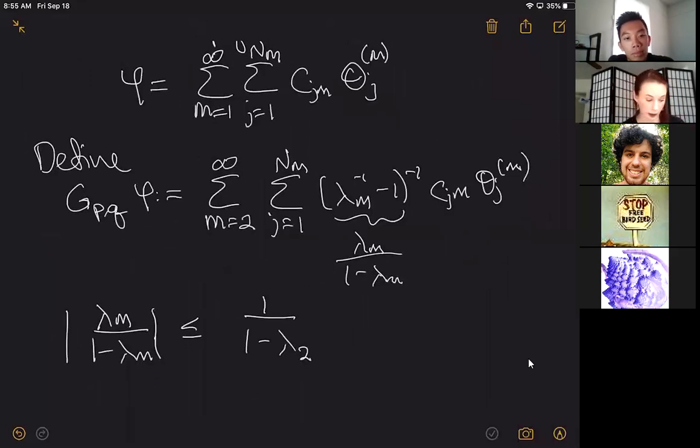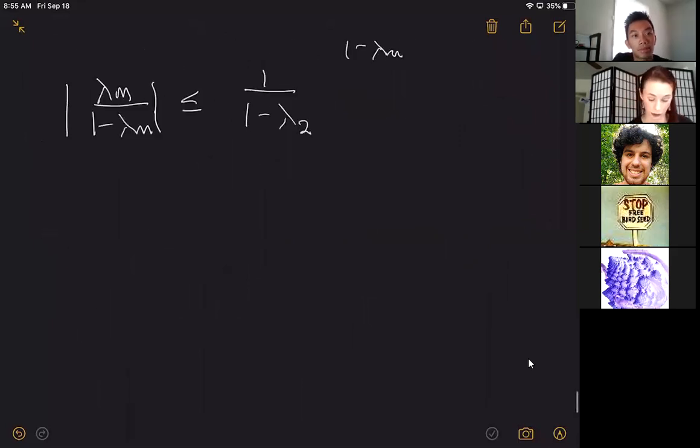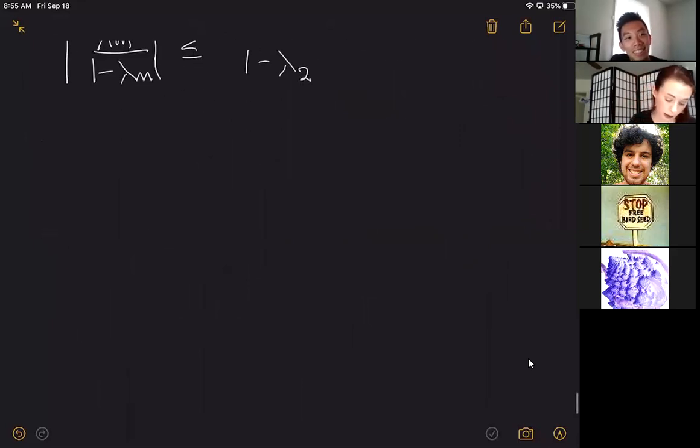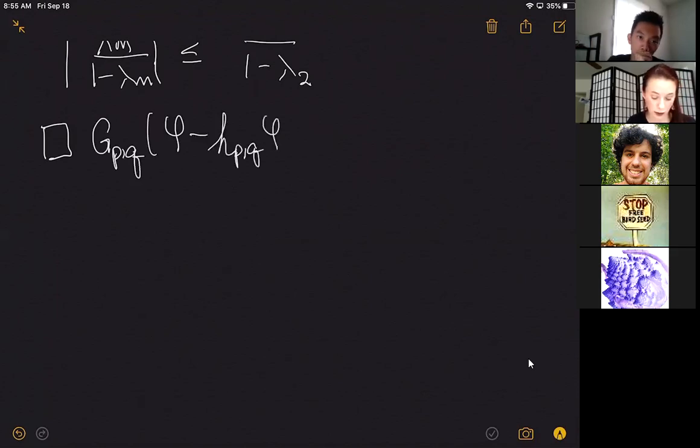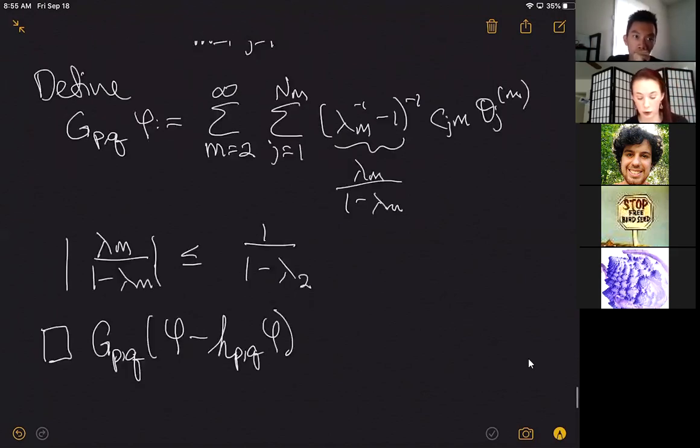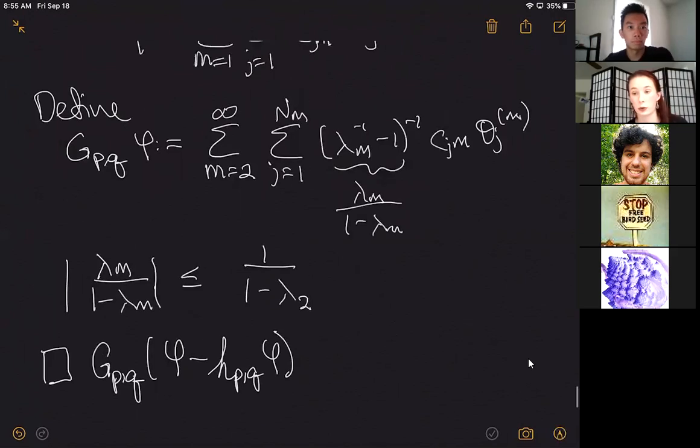Finally, and I mean almost finally, if we look at what happens when we apply our box operator to our Green operator, composed with phi minus the orthogonal projection of phi. Also, notice that here we're starting at m equals 2. And that's because when m is 1, we're trying to invert 0, which doesn't work.